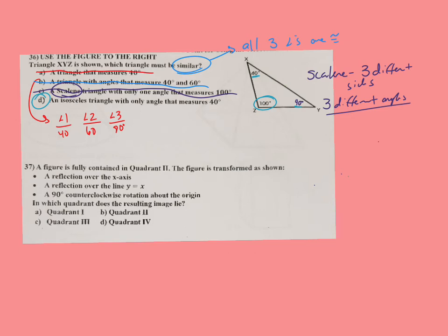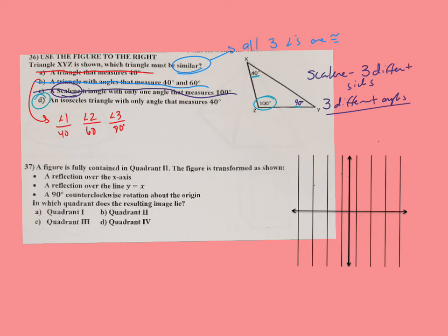37. A figure is fully contained in quadrant 2. It is transformed as shown. All right, so I'm going to get a quadrant up here. We'll make a triangle right here. Oh, sorry, I messed up.